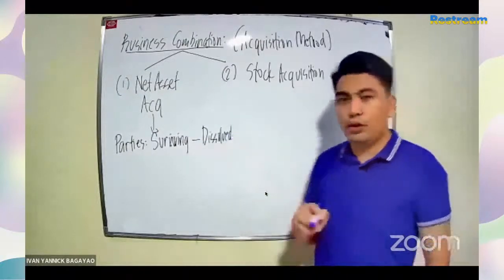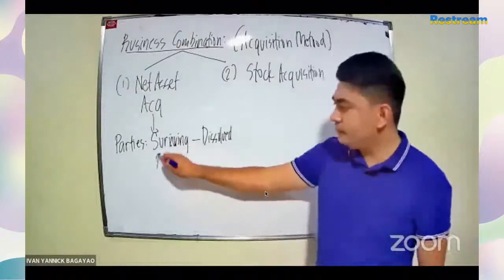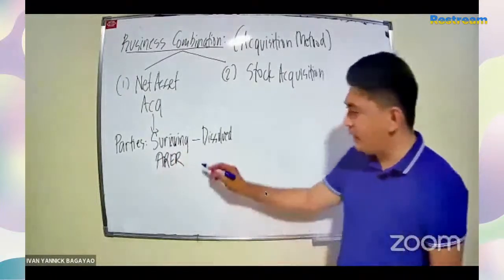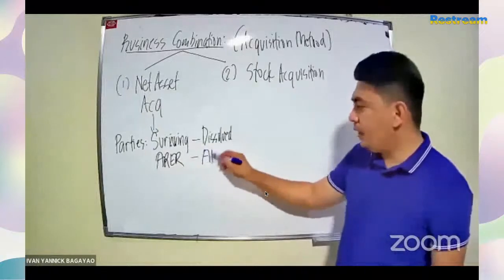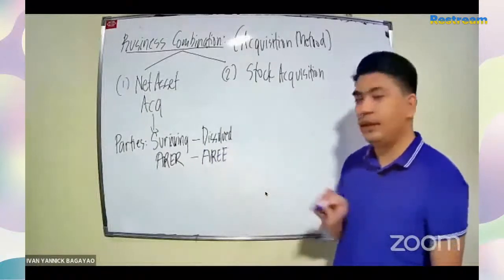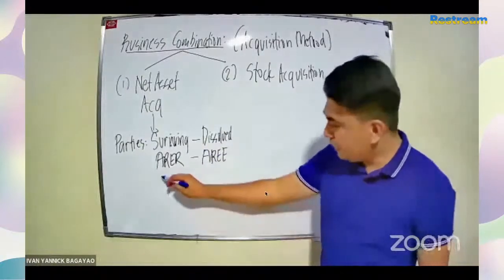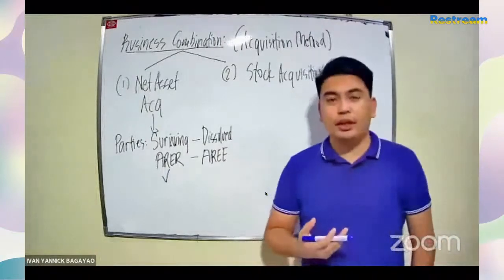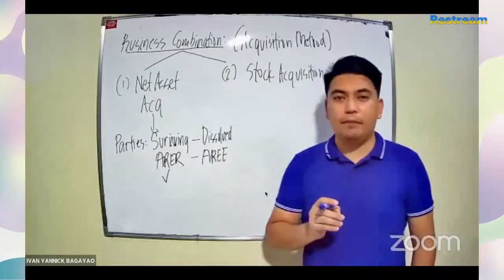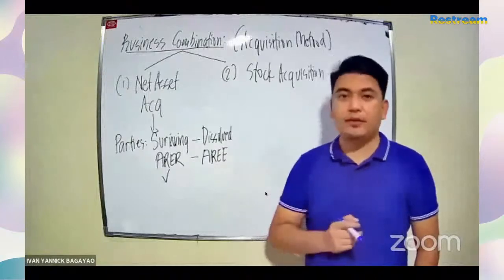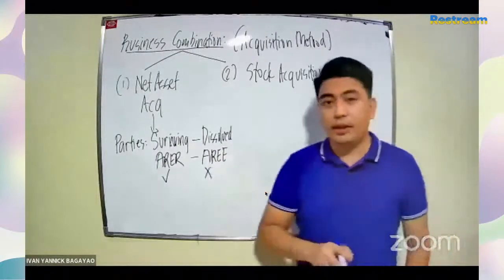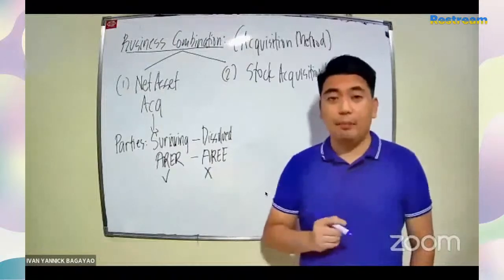Also known as the acquirer, or the acquired, or the acquiree. I will put a check, meaning after net asset acquisition, the surviving still exists, that's why it is surviving. Here, X means the company that was bought will be dissolved.